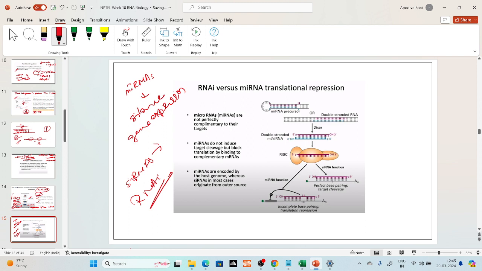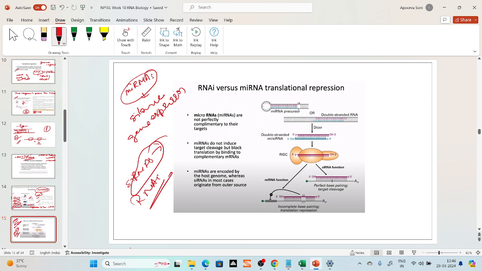So now comes the question: what is the difference between the mechanism by which miRNA does the silencing and siRNA does the silencing via RNA interference? The major difference is, see, the whole mechanism is the same. Dicer will act, and it will form either miRNA or siRNA. Then whichever is formed will go to the RISC complex and do the function.